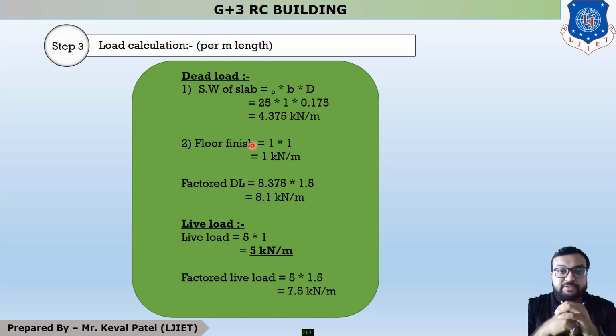The unit of UDL is kilonewton per meter. So you have to convert kilonewton per meter square to kilonewton per meter. It is 1 kilonewton per meter square into 1 meter, so our final answer is 1 kilonewton per meter.